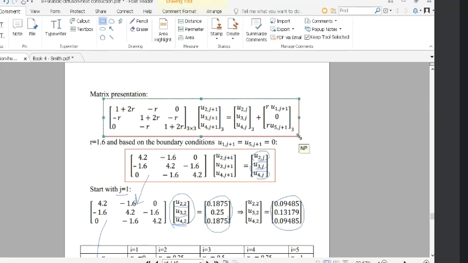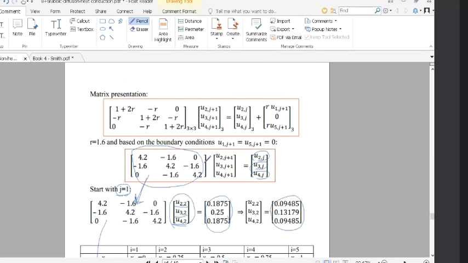For this example, it is the general form. You should apply this matrix representation for every j. For example, at first we put j is 1. When we put j is 1, this matrix doesn't change, it's fixed.